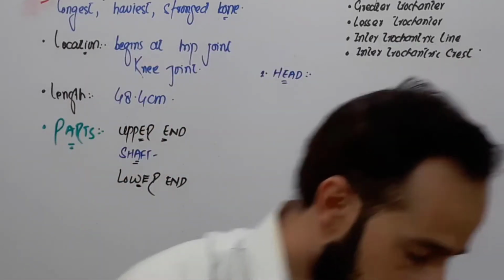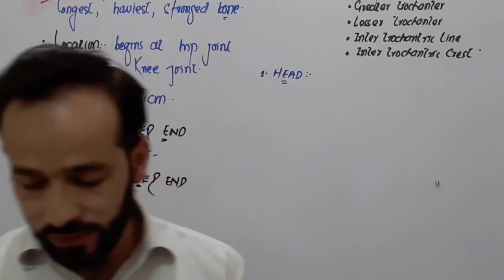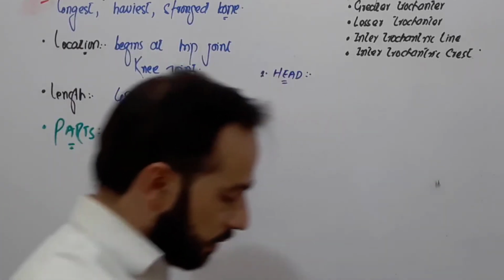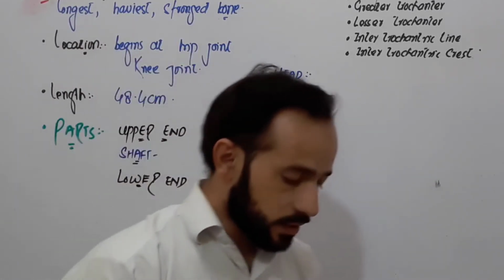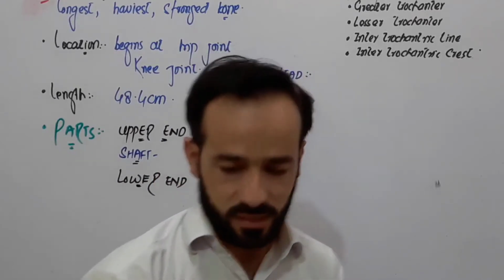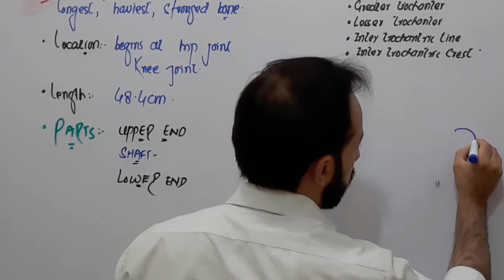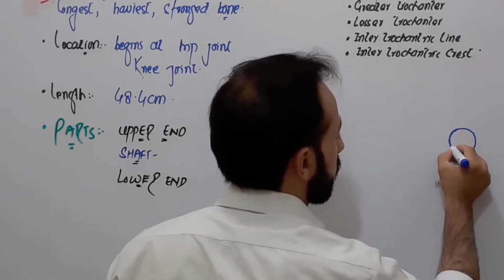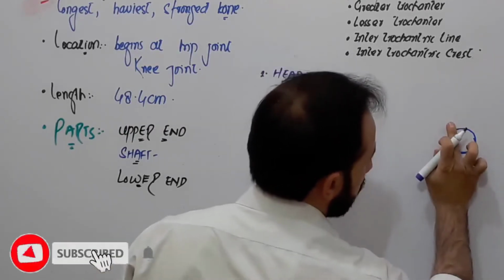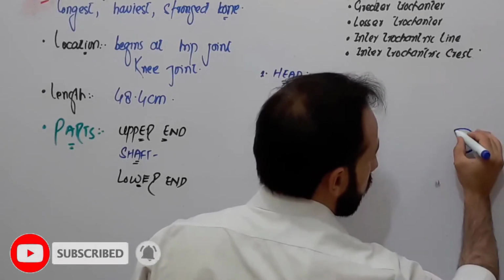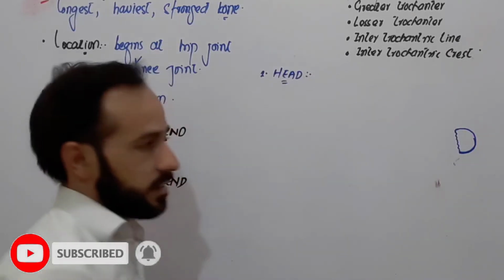So about the head of the femur, we say that, first of all, it is more than a half circle. It is a little bit more than a half circle. So for example, if this is the complete circle, right? So the head of the femur is this circle, right?